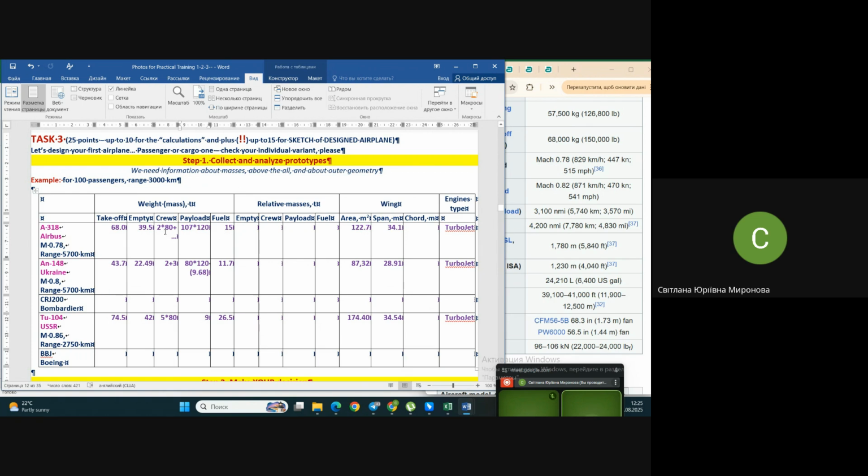Finally, consideration about crew. If it's a cargo airplane, either you find directly for the prototype what the crew is, and the crew may be so-called flight crew and technicians crew. In the case of a passenger airplane, we have flight crew. Typically, for practically all modern airplanes, flight crew is two people, pilot and co-pilot. The second pilot is something like a doubling system.